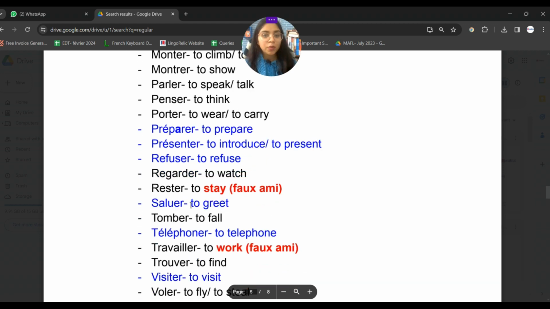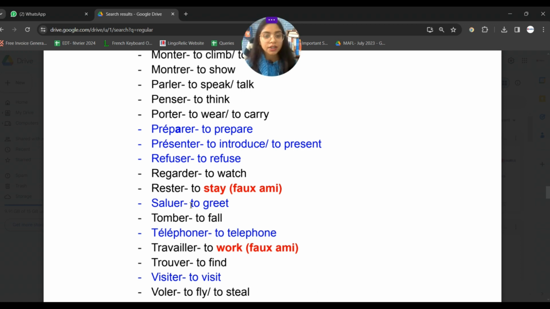Porter, porter, to wear or to carry. Préparer, préparer, to prepare. Présenter, présenter, to introduce or to present. Refuser, refuser, to refuse. Regarder, regarder, to watch.